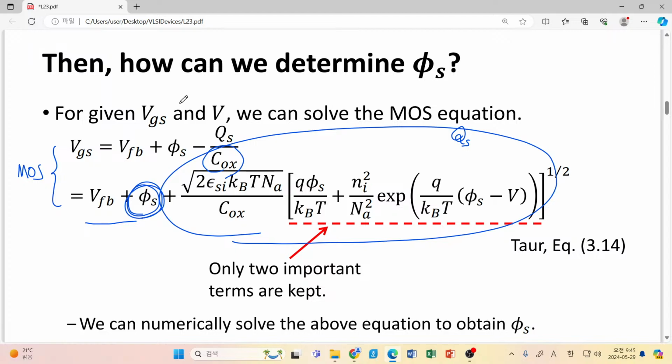Why do we care about the computational burden so much? Because the eventual purpose of all this calculation or derivation is that we want to use this expression for a billion-transistor chip. Inside our semiconductor chip, we have billions of transistors, and in order to evaluate the performance of that chip, we have to do this calculation a billion times.